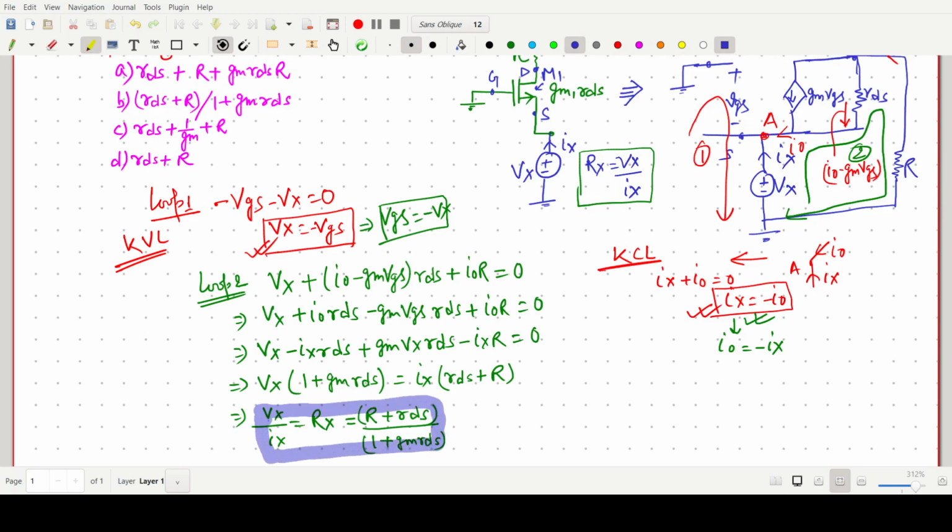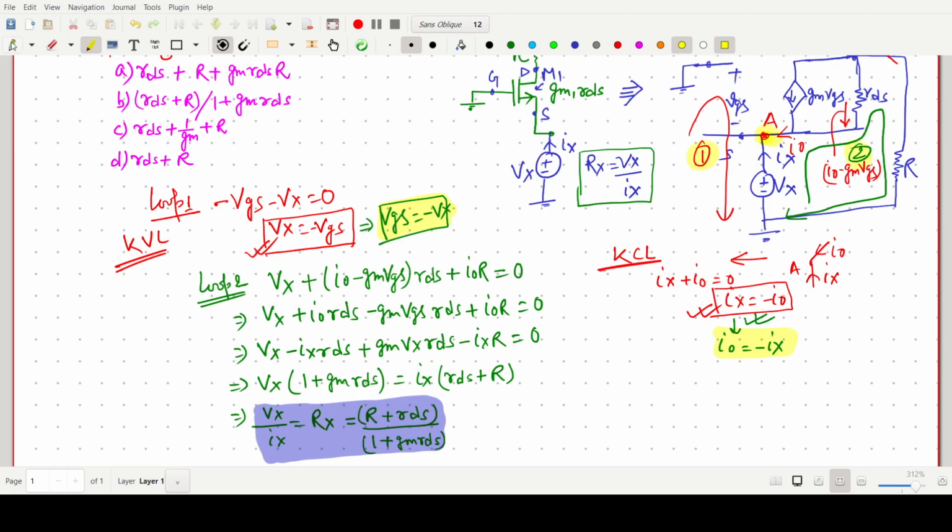It is very simple, but we have to be very careful about Kirchhoff's voltage law and current law to find out the important relationships like Vgs equals to minus Vx, the same thing, Vx equals to minus Vgs, and this relationship I naught equals to minus Ix, by applying KVL in loop 1 and KCL at point A and KVL again in loop 2.